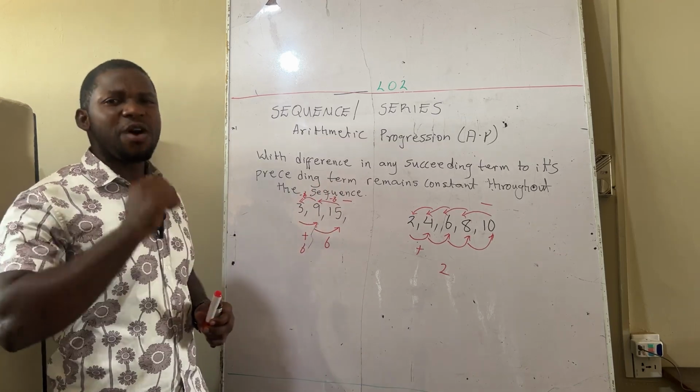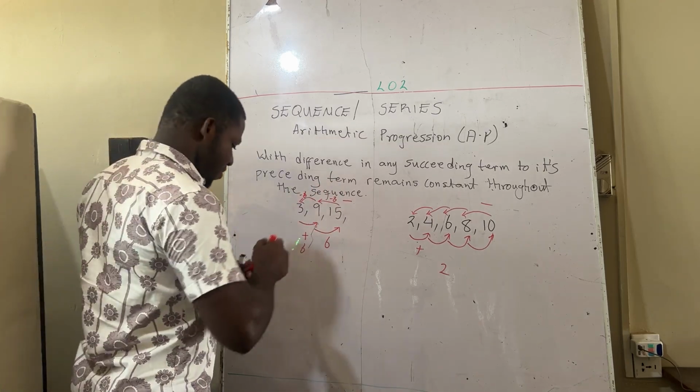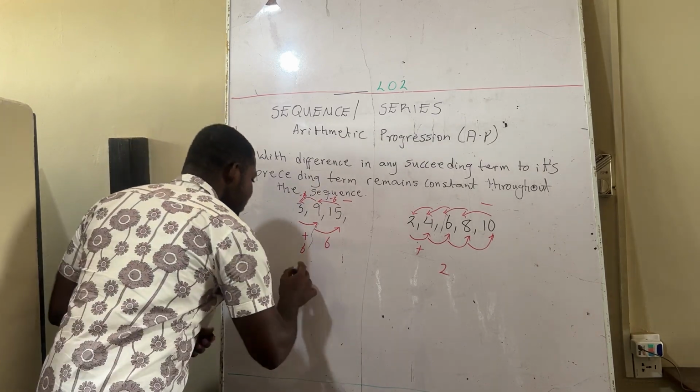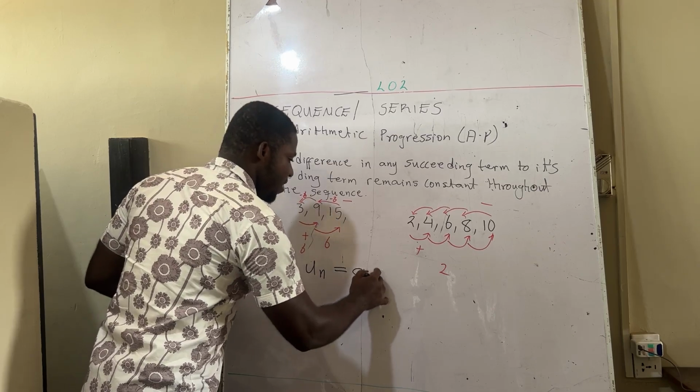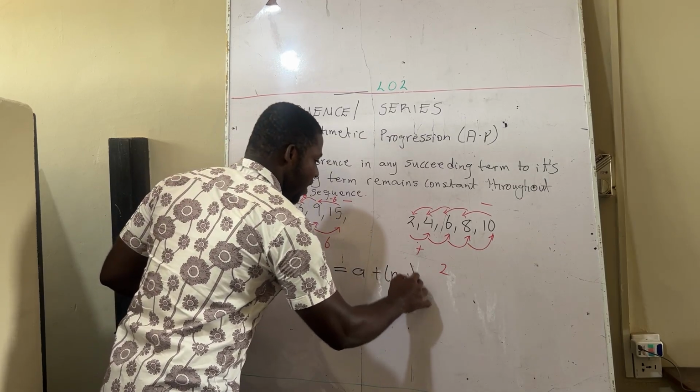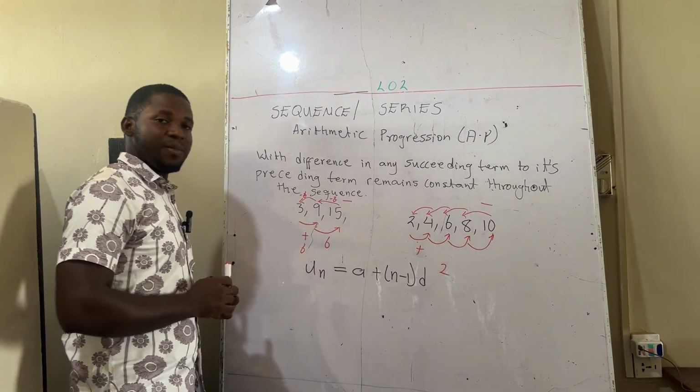Let's look at the general formula for AP. We have Un equal to a plus (n minus 1)d.